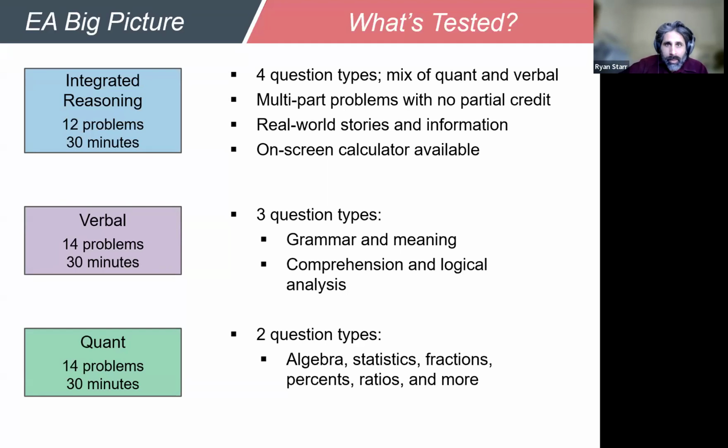Other topics come up, like the whole gamut of GMAT topics, if you've studied for the GMAT at all, or GRE topics, if you've studied for that test at all, are available on the EA, with the exception of geometry. Geometry is one topic you don't have to worry about, but rate, time, distance problems and rate, time, work problems are there. Weighted average problems are there.